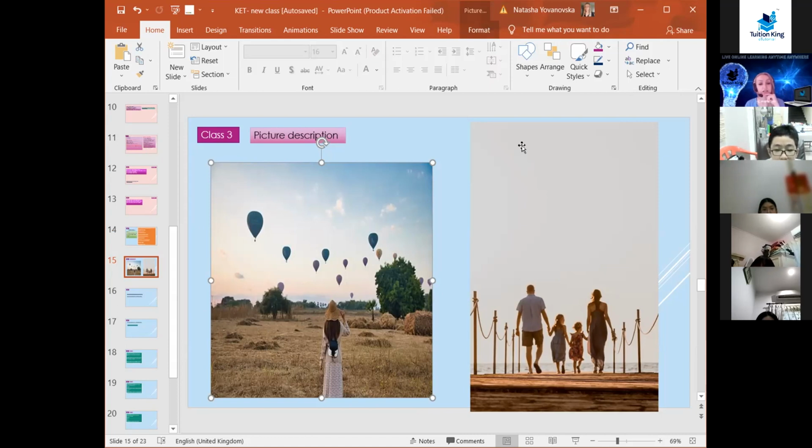Okay, good. Do you know what these balloons are called? Hot air balloon. Hot air balloons, perfect. So these ones are called hot air balloons. And how is the weather like?